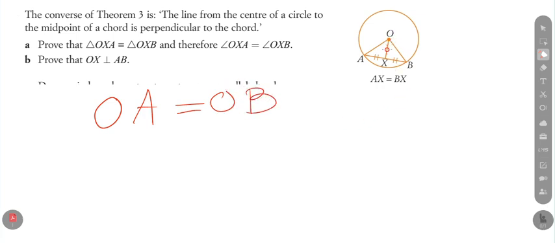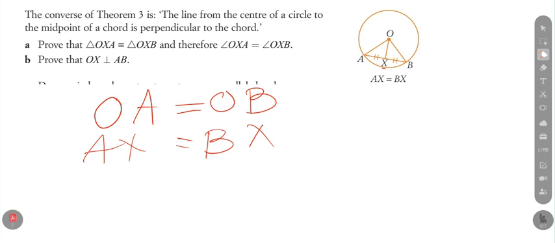We can see that both segments are radii of the same circle. Next, we have AX equals BX, given that X is the midpoint of the chord AB.